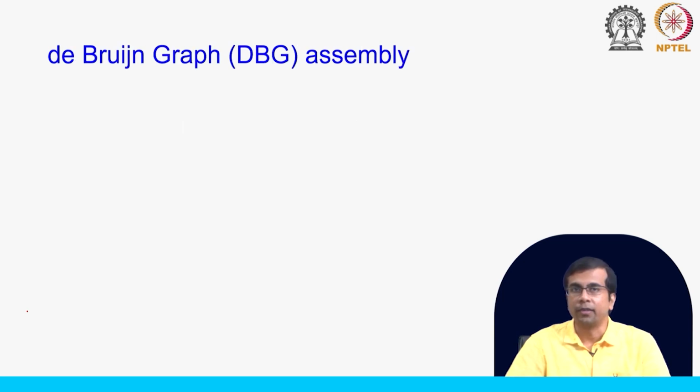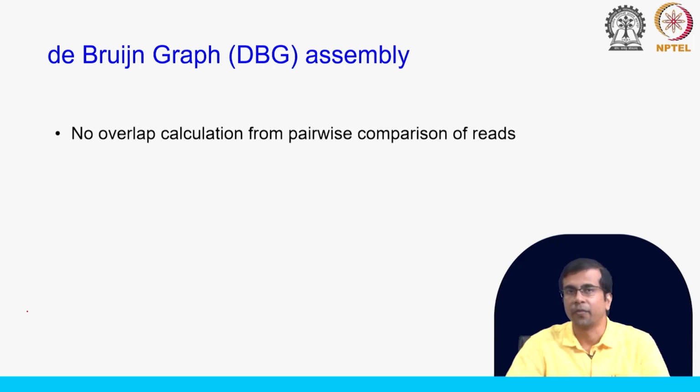With this in mind, we will now introduce de Bruijn graph assembly, or DBG assembly, and it is actually very different from all the methods that we have talked about so far. The first point is that there is no overlap calculation or pairwise comparison of reads. We do not need to do these billions of pairwise comparisons to calculate the overlaps or to identify the number of bases that are overlapping.